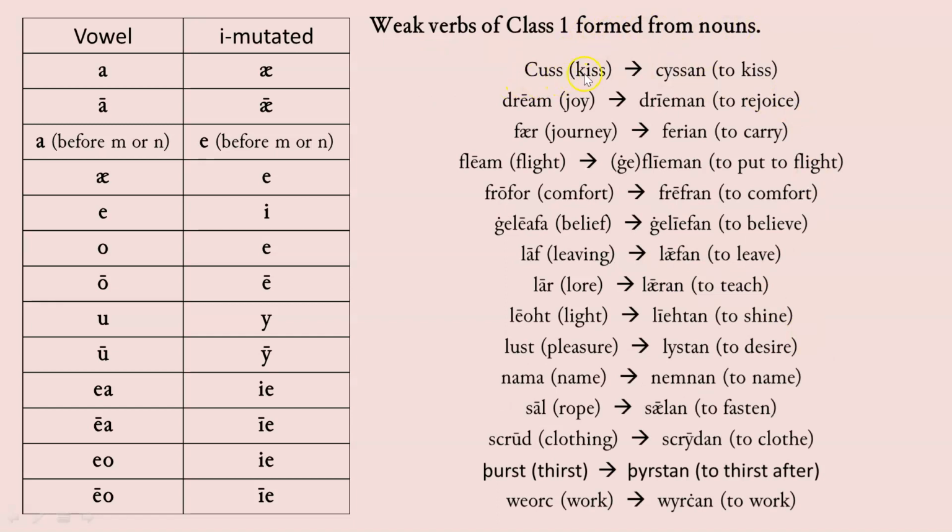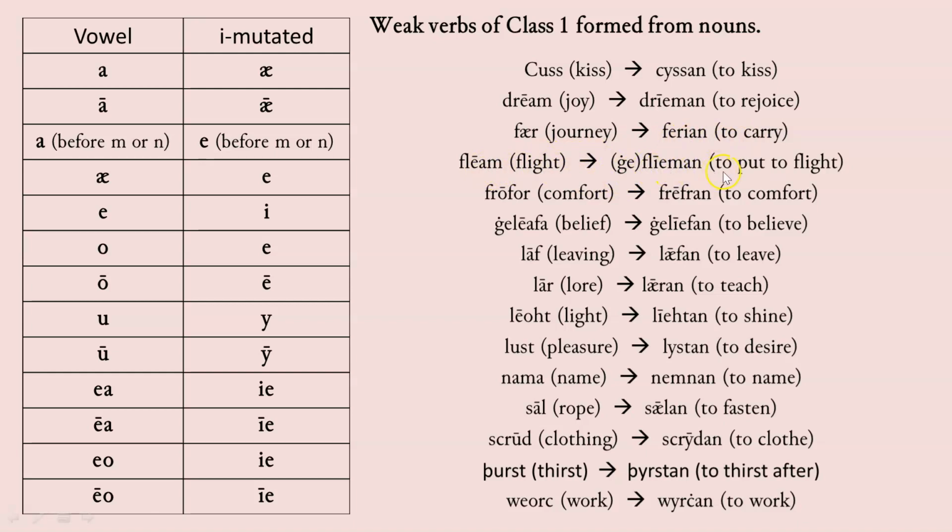All right, weak verbs of class 1 that are formed from nouns. So we have kusa, kiss, the noun kiss, becomes under i-mutation, the u to the y becomes kusan, to kiss. So quite a few class 1 verbs are affected this way. Kusan. Darayam, joy. Dariyaman, to rejoice. Far, journey. Farian, to carry. Phileam, flight.